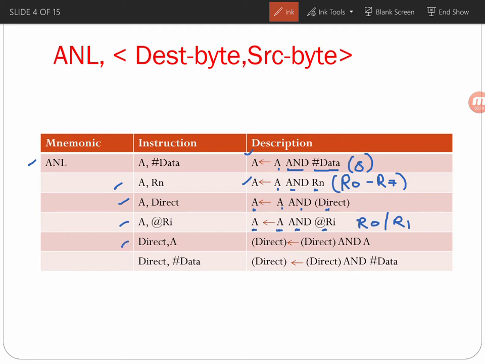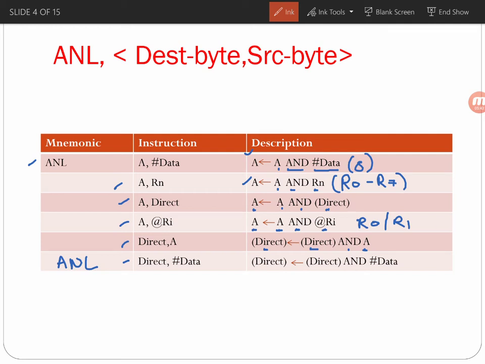Next, direct, A. The content of the internal RAM location given by direct is ANDed with the content of the accumulator register, and the result is saved in the internal RAM location. Next, ANL direct, #data.